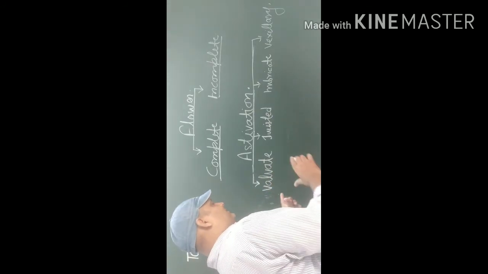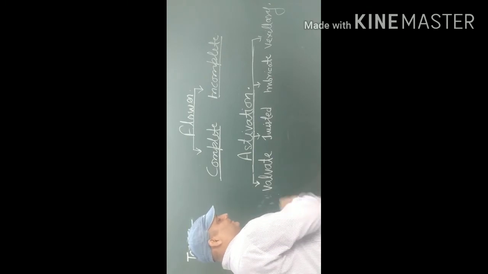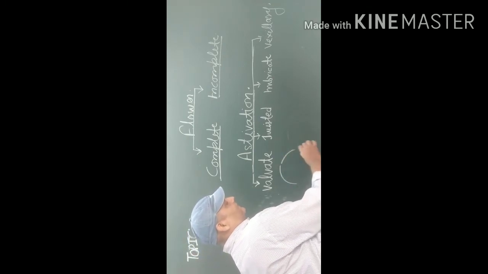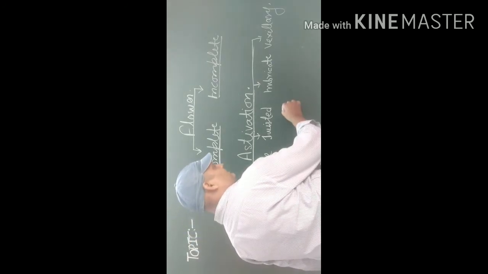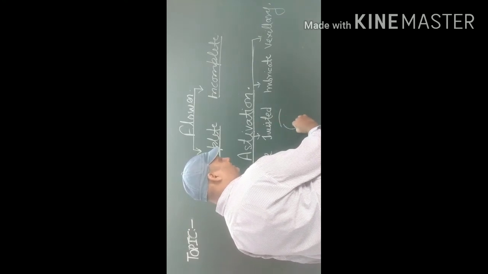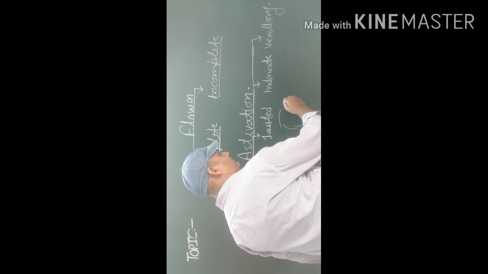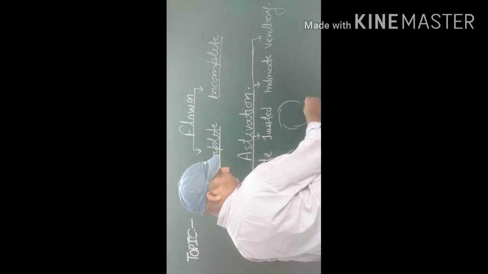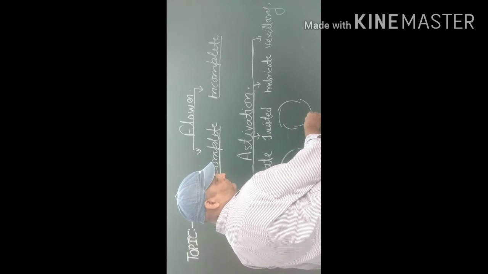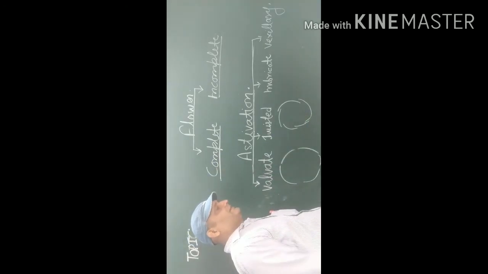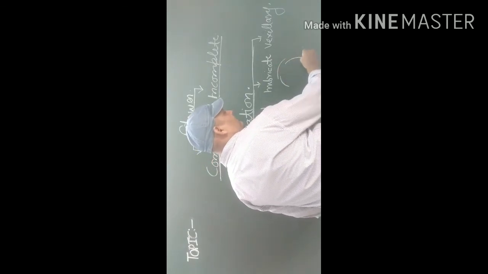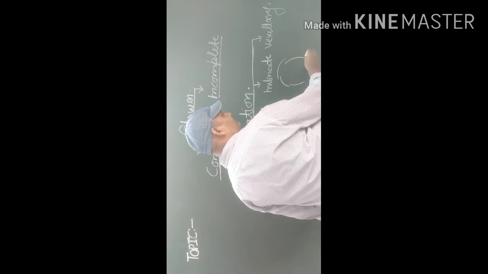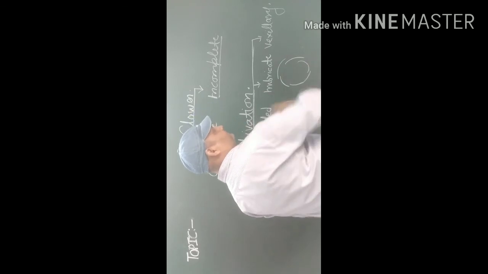Valvate: in this, the sepal and petal ends are arranged in this pattern. Twisted: one end overlaps the other. This is twisted. Imbricate: this form.